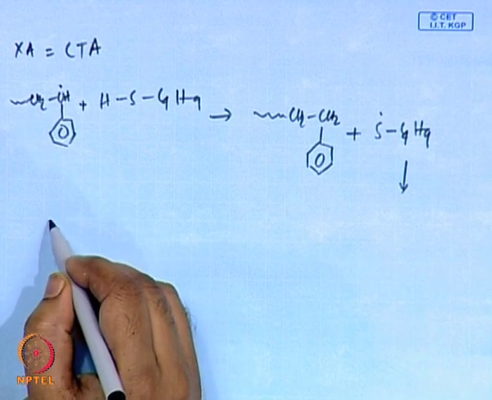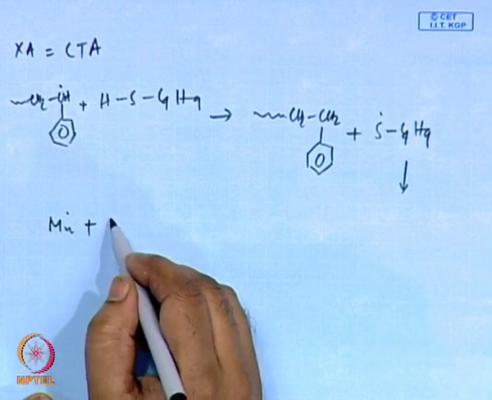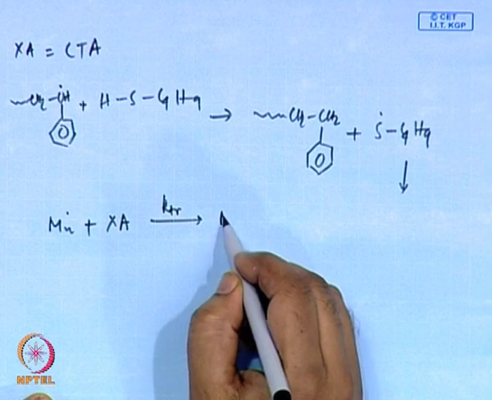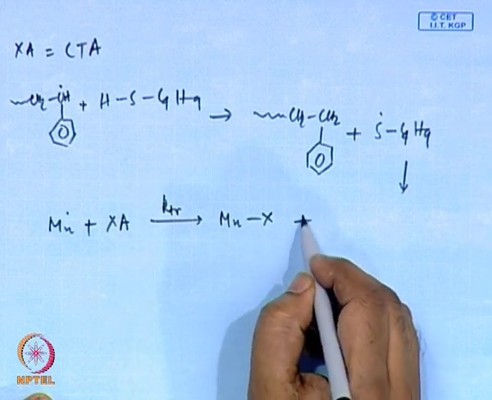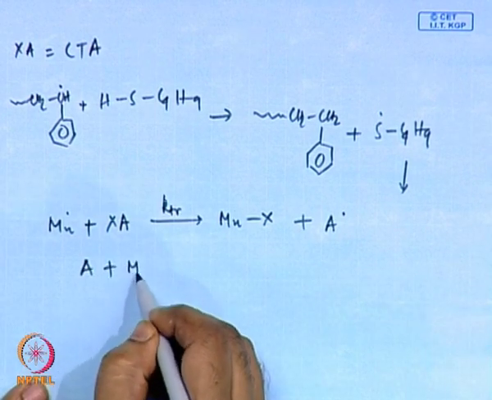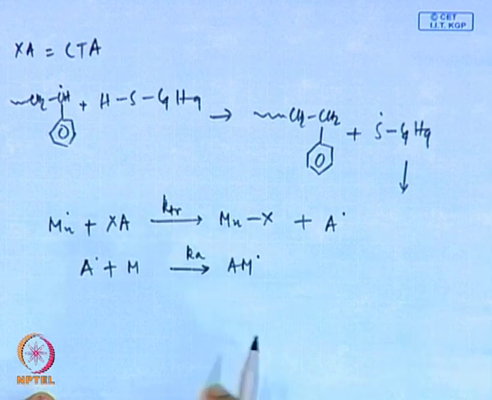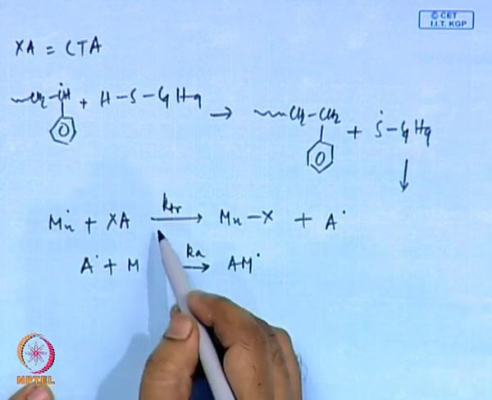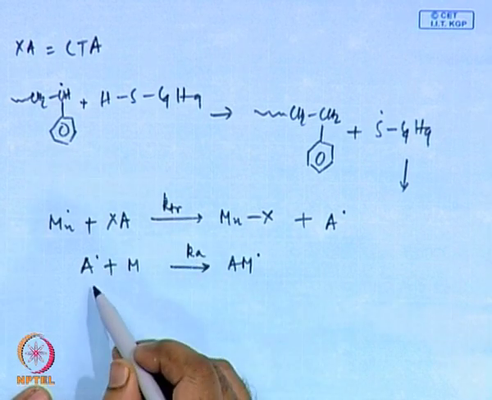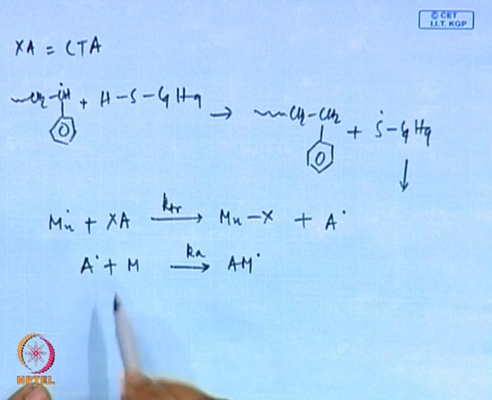So, if I can write a general reaction like this, this is the rate constant for transfer reaction and this is the rate constant for the subsequent initiation and propagation reaction with the A dot molecule.